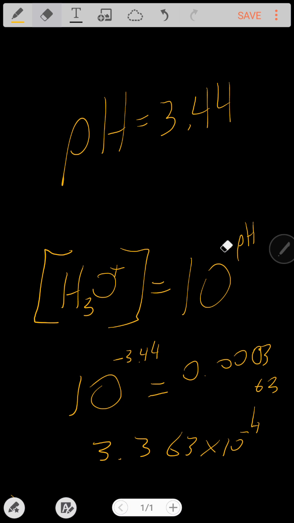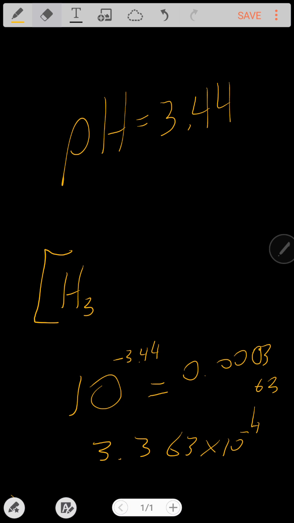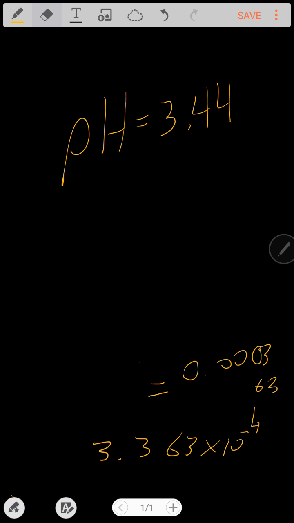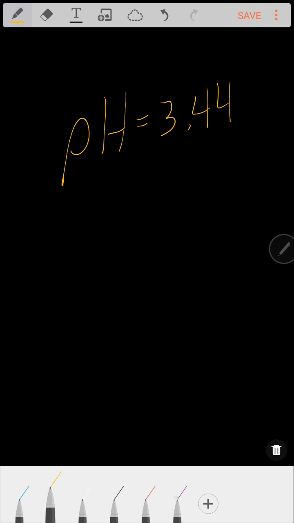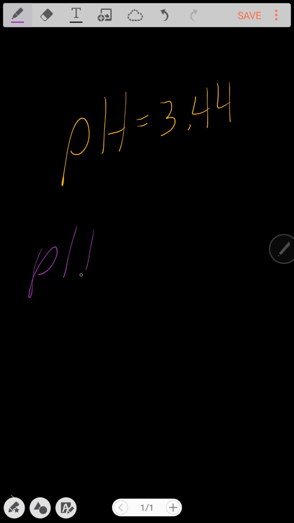What if the question was, this is not on the study guide, but I'm just asking this for fun because we all just love chemistry so much. What if the question was, if the pH was 3.44, what is the pOH? I want to change my color to purple. You should know the equation that pH plus pOH is equal to 14.